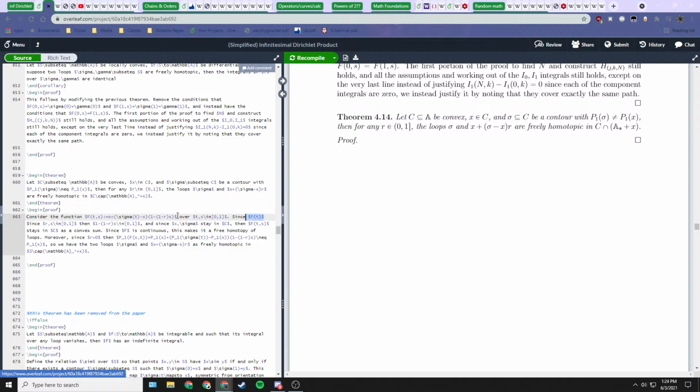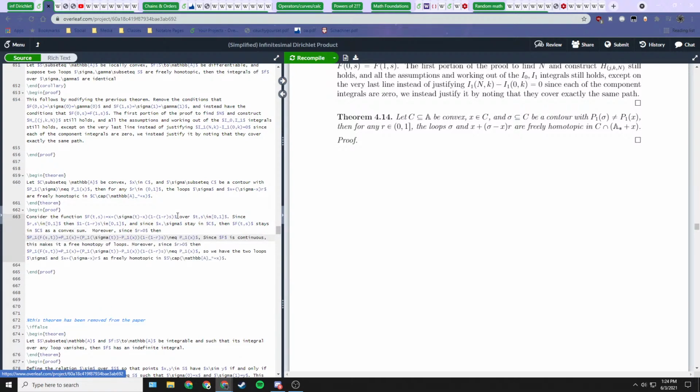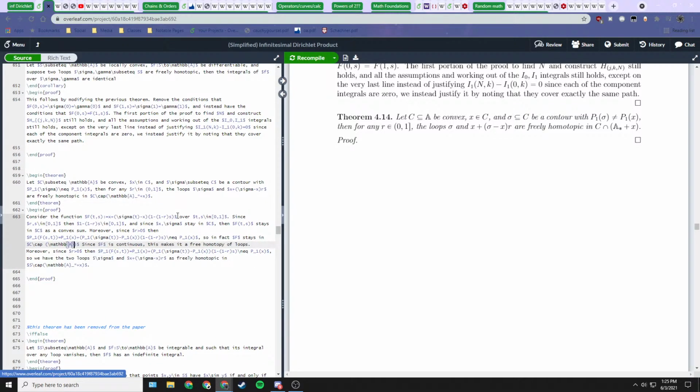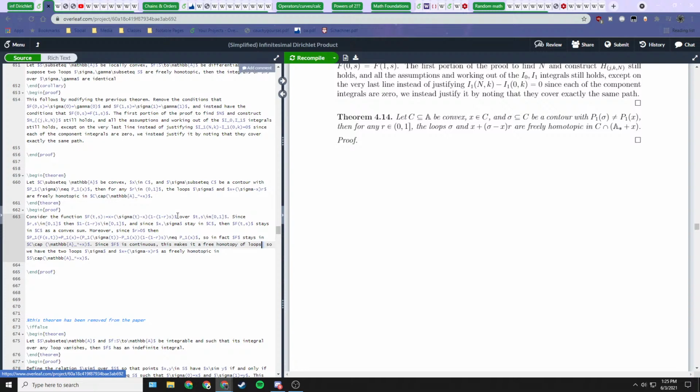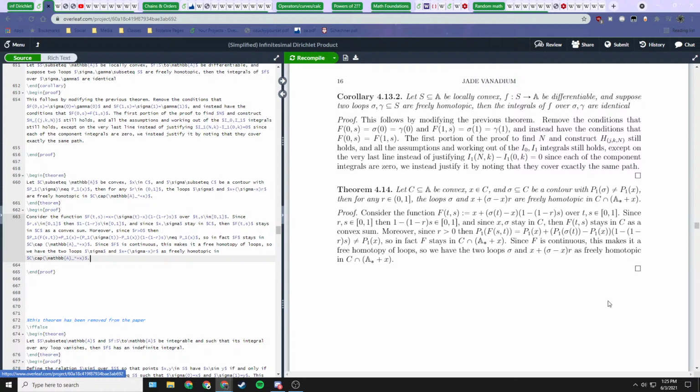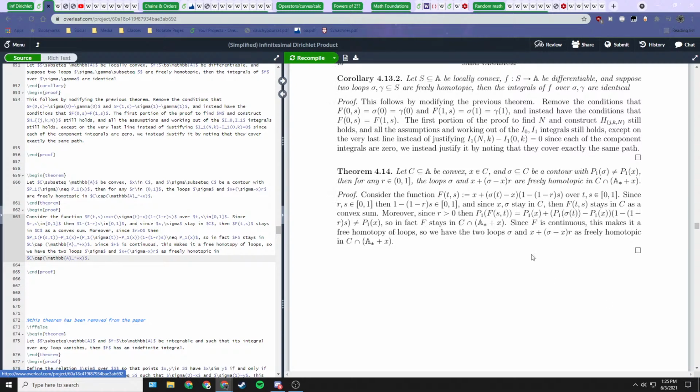Actually, let's do it this way. Okay, so I've just modified this proof a little bit.